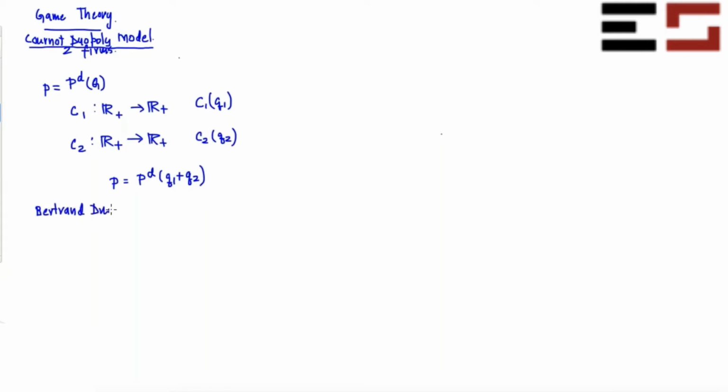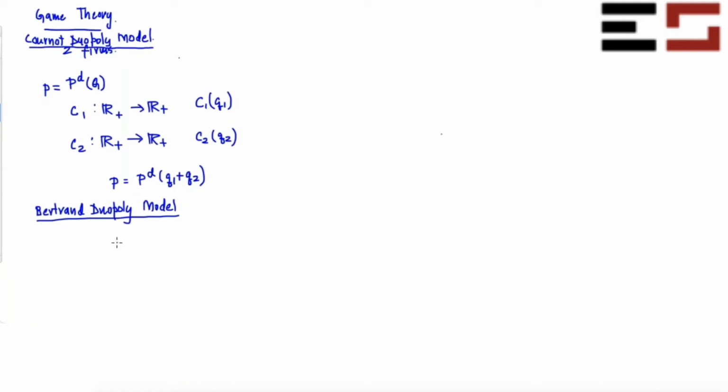So what happens in a Bertrand duopoly model? It's a simple model, and I'm going to consider the simplest possible version for the time being. Obviously, you can have a lot of variations in it. In the Bertrand duopoly model, again the two firms compete, but they choose the price. The firm that gets access to the market is the one that chooses the smaller price.